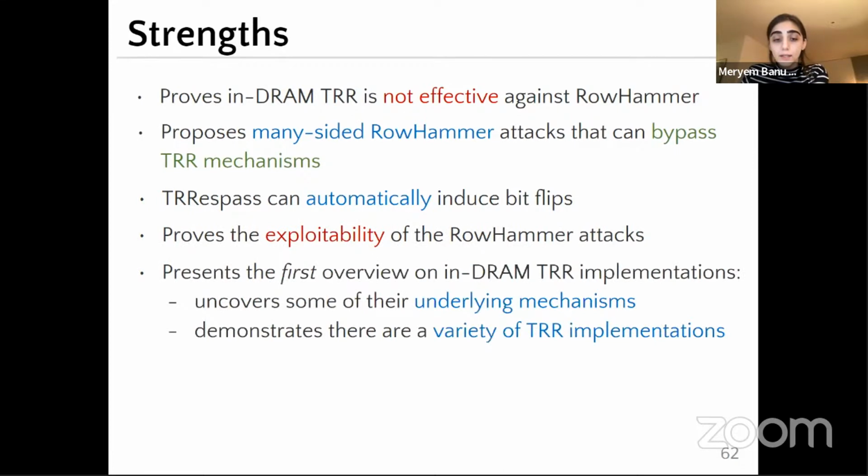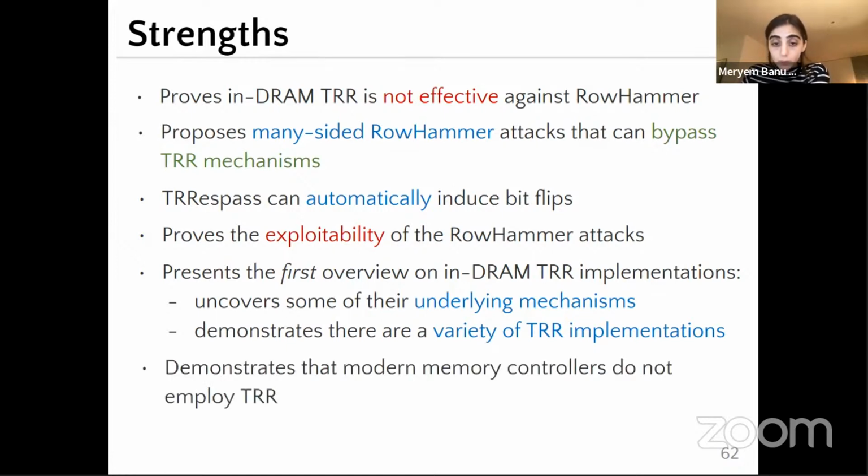I think it's also quite important that this paper is the first overview on in-DRAM TRR implementations where the authors uncover some of the underlying mechanisms and demonstrate that there are a variety of TRR implementations. The paper demonstrates that modern memory controllers do not employ TRR, which is important as it shows the importance of proving the security guarantees of in-DRAM TRR mitigations as we rely on them completely.